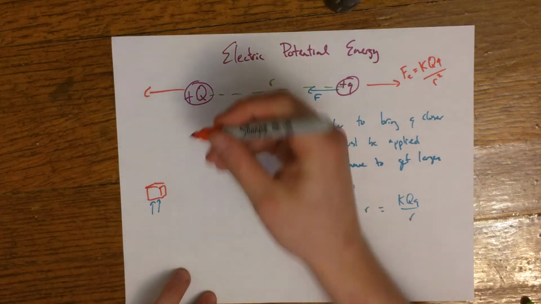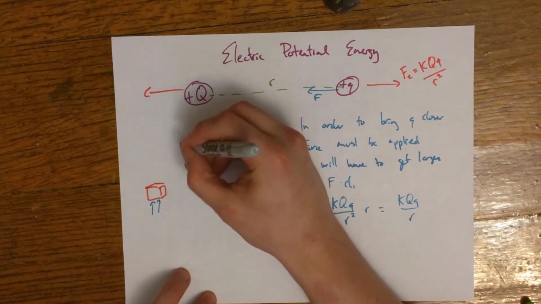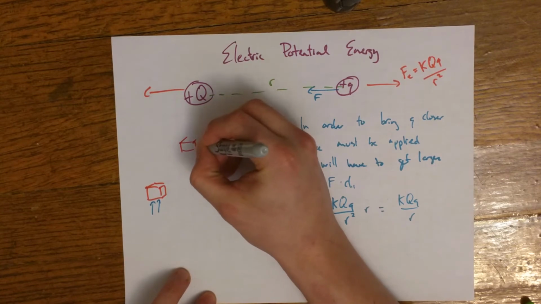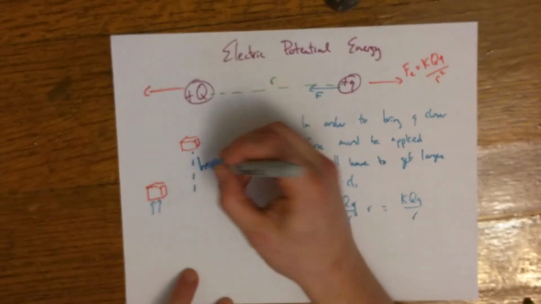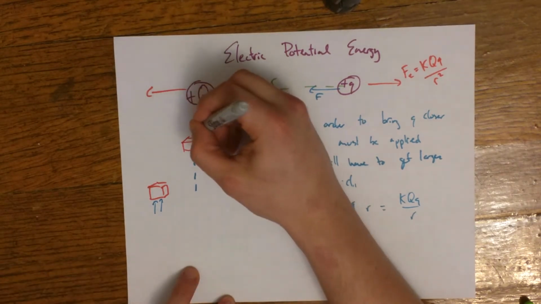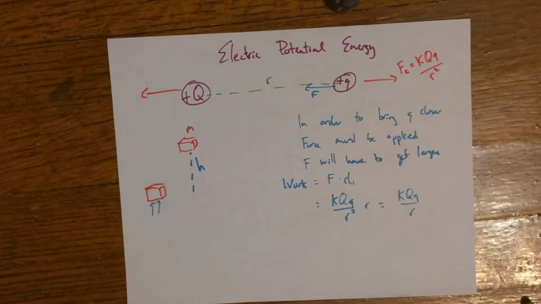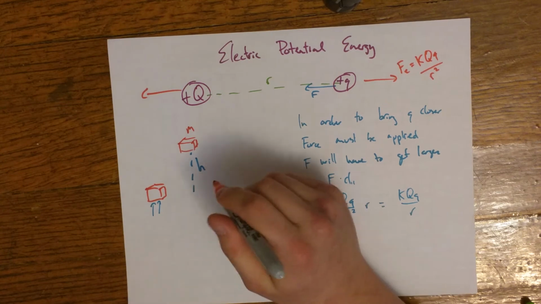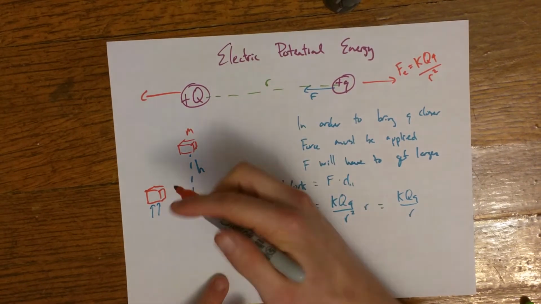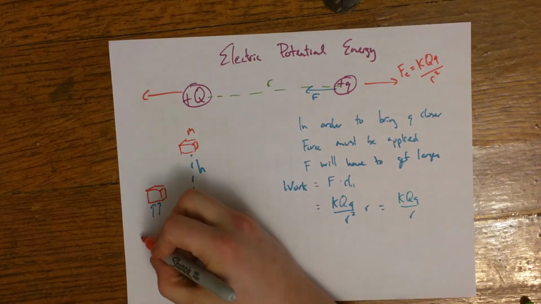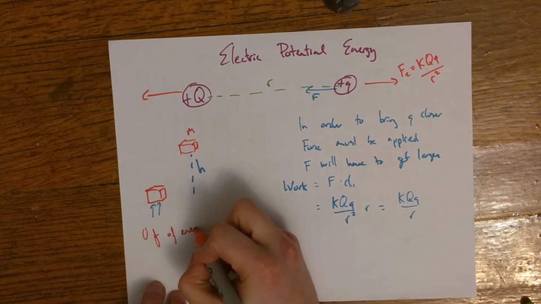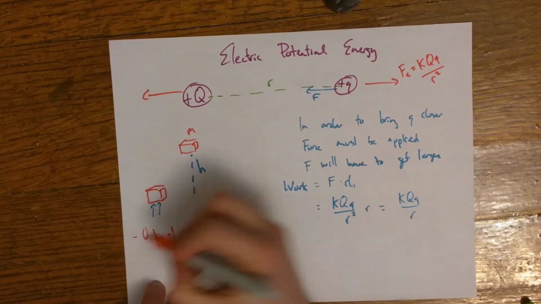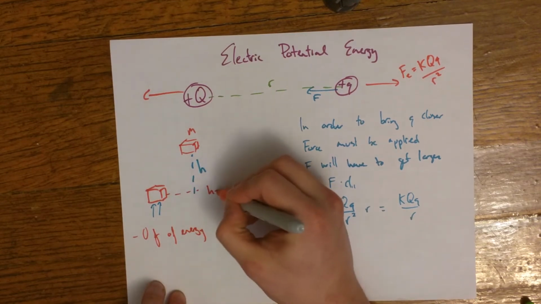Now my bricks are up here, and you moved them up some distance h. The mass of the bricks is m, and so you should know pretty clearly that you added some energy into the system. The bricks initially had 0 joules of energy. They weren't moving. We're defining this to be h equals 0.